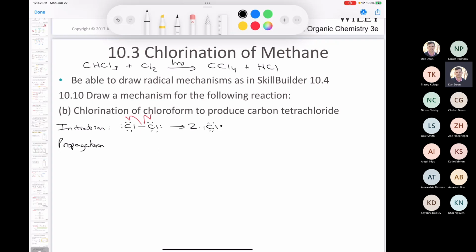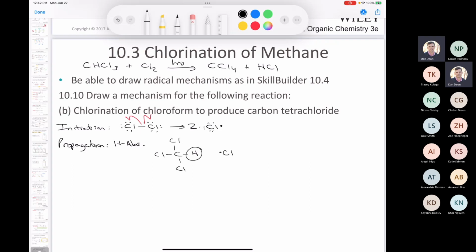So propagation. First step is going to be hydrogen abstraction. So what's going to happen is my chloroform molecule, CHCl3, is going to react with the chlorine radical. I'm just going to put in the unpaired electron just to clarify things. So I'm leaving out all the other valence electrons just to make things a little bit more abundantly clear while we're learning the content here.